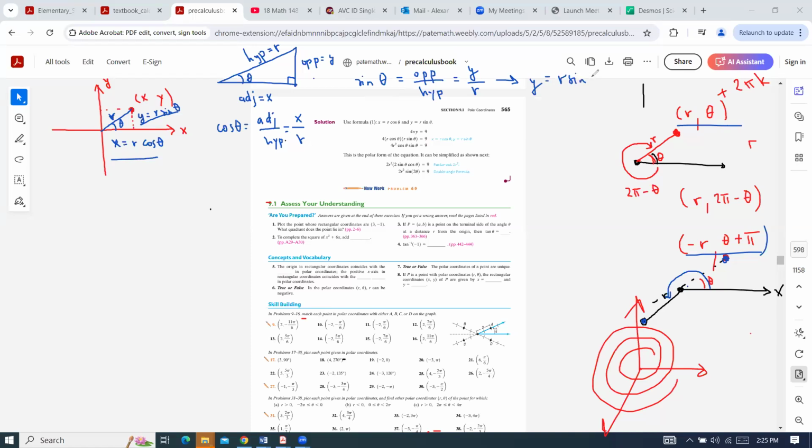And analogously, when I clear that denominator, I get r times cosine theta. So just memorize these formulas because you will see them numerous times, and you don't have to memorize anything for our class, right? You can just write it down.